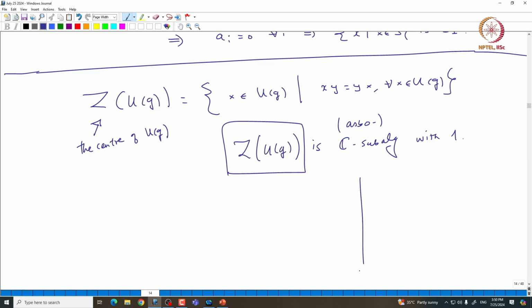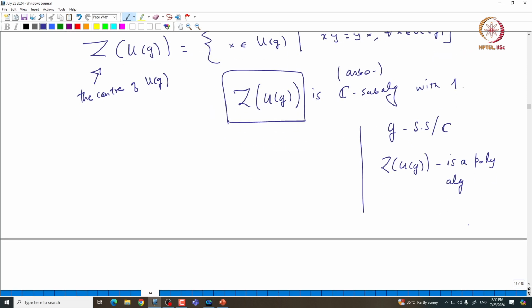So, one can prove that if G is semi-simple, then the center of the universal enveloping algebra is a polynomial algebra, in n variables, where n is the rank of G, which is the dimension of the Cartan subalgebra.